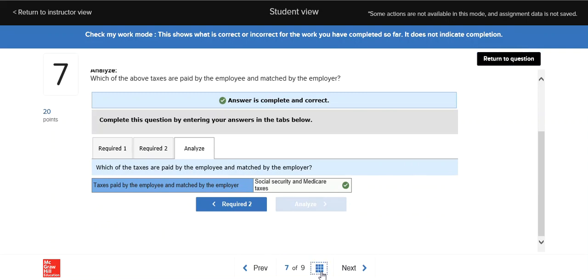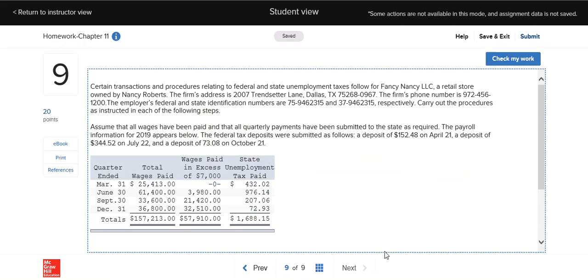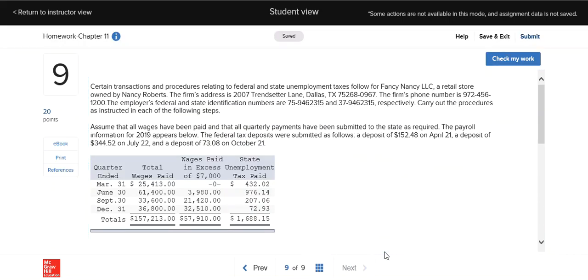Let's look at one more. And this one tricks everybody, so I thought I would look at it specifically. This says certain transactions and procedures related to federal and state unemployment taxes follow for Fancy Nancy LLC. We don't care about all that information. It's just information about their store.